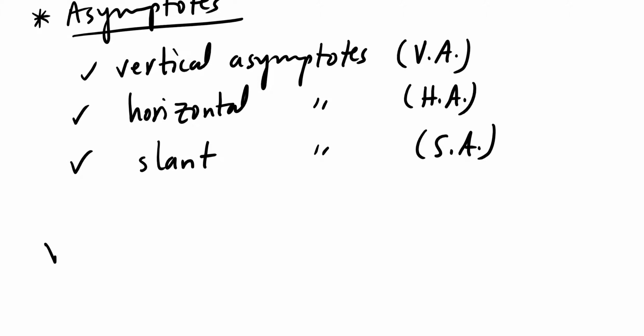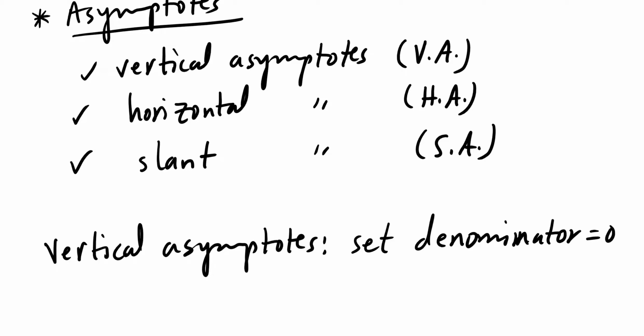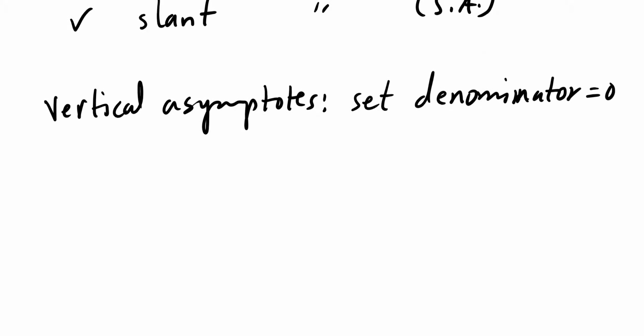First, the vertical asymptotes. Vertical asymptotes can be found by setting the denominator to 0 and then solving for the x values. Whatever x values we get, if any, those will be considered the vertical asymptotes. For example, let's say x plus 1 over x minus 3.